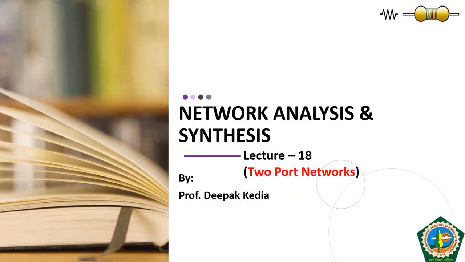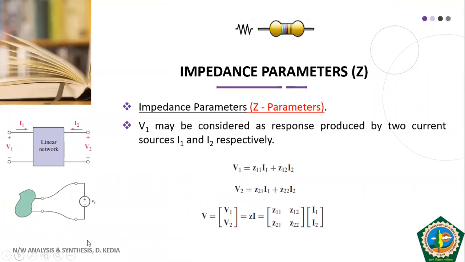Fine. So in line with the previous class, after admittance parameters, the next parameters which are important for us are known as impedance parameters. So here come the impedance parameters. The way we had defined the matrix representation for admittance parameters, in the same way we have introduced Z parameters also.